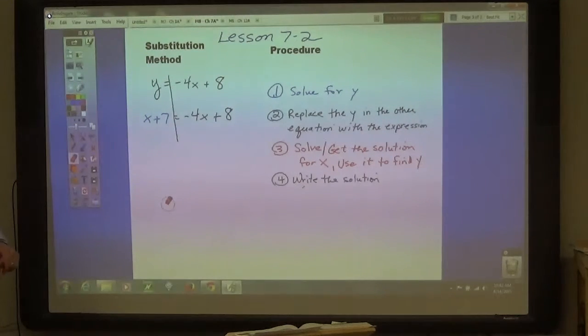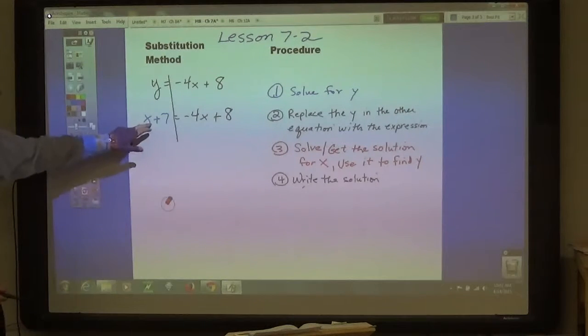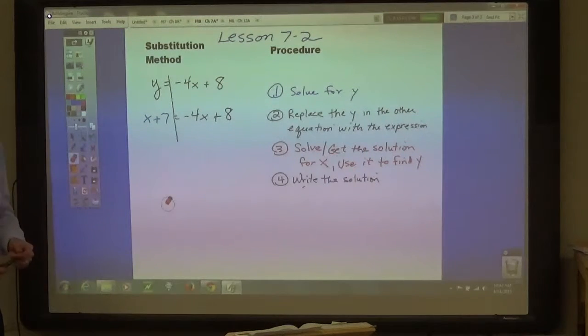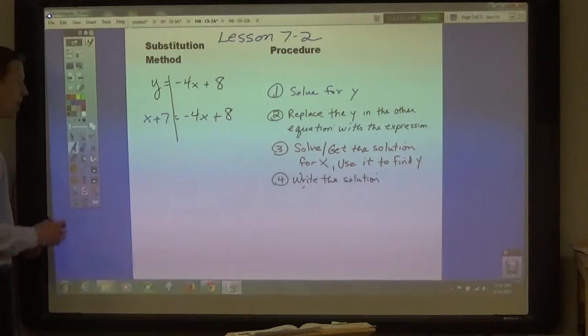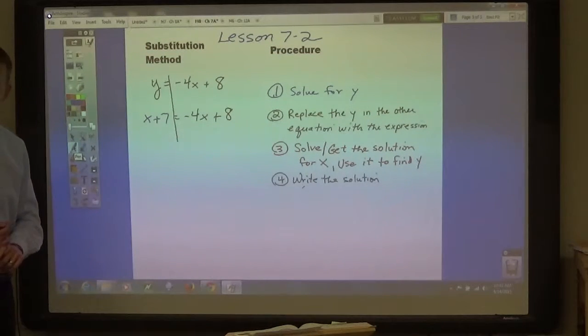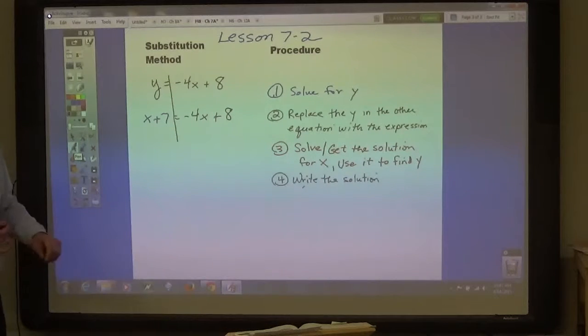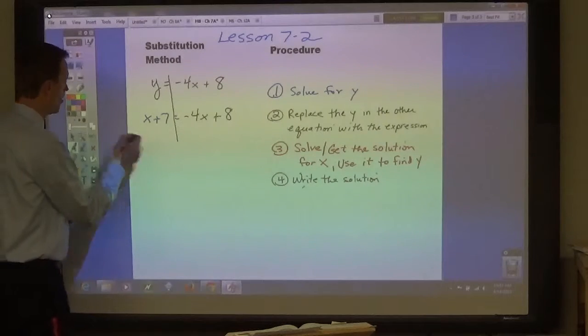We can solve this for x now, can't we? We can get the x by itself on one side. How would we get the x by itself? Add negative 7 to both sides.